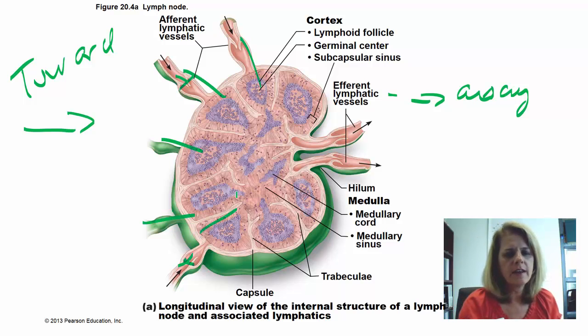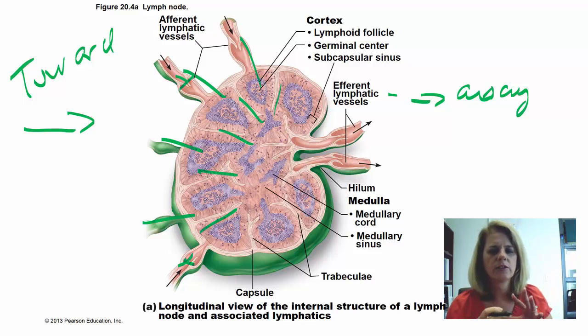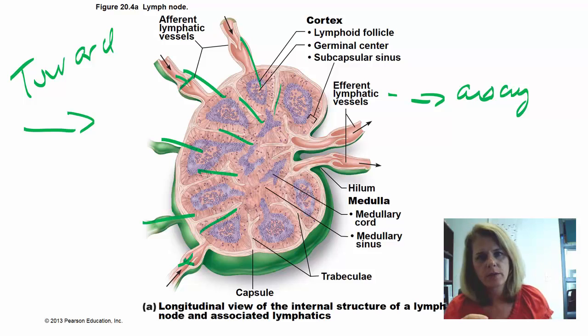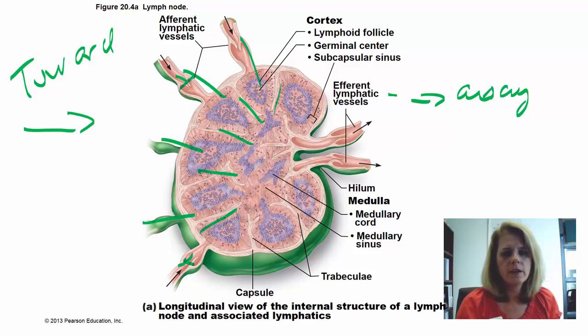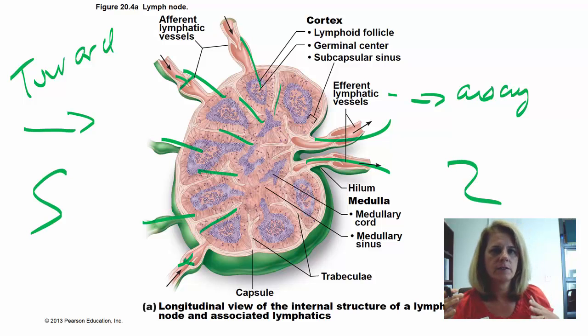Well, as the lymph now is in this reticular material, remember it's like a web-like sieve, and as that lymph is going through that reticular web-like net, you're going to have those macrophages and lymphocytes watching out and surveying and marking for antigens. Well, because you only have 2 of these efferents going out, so you have 5 versus 2, it's like a traffic jam.